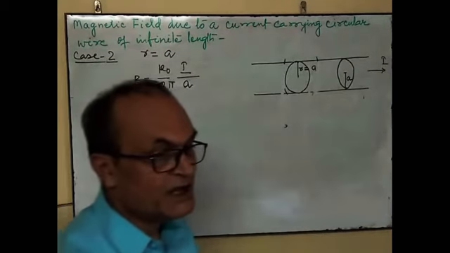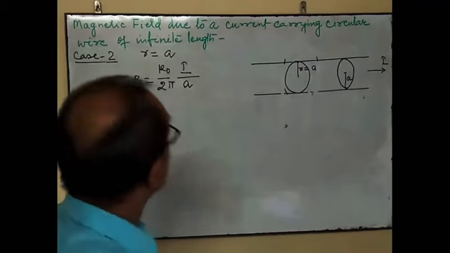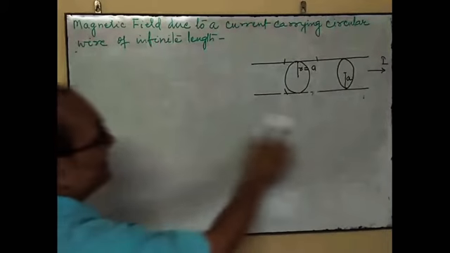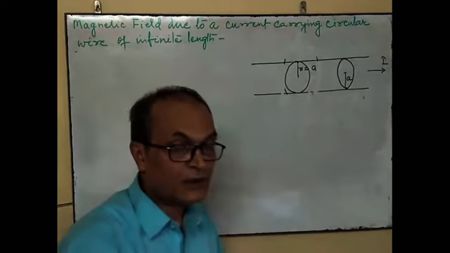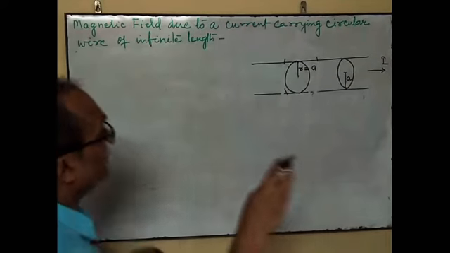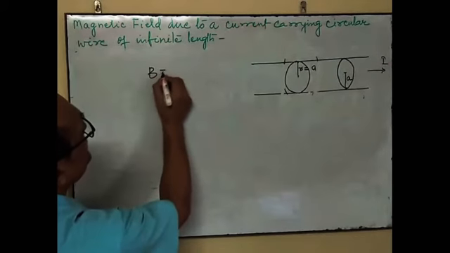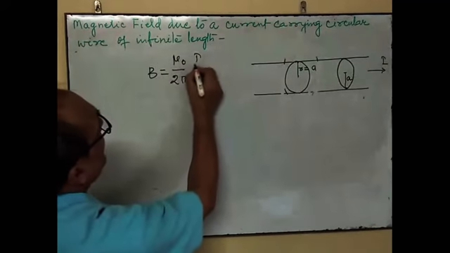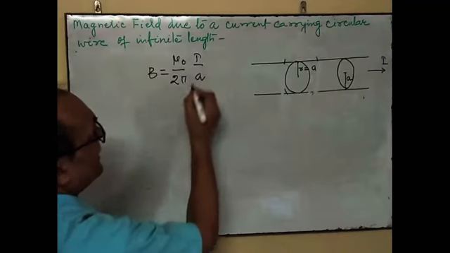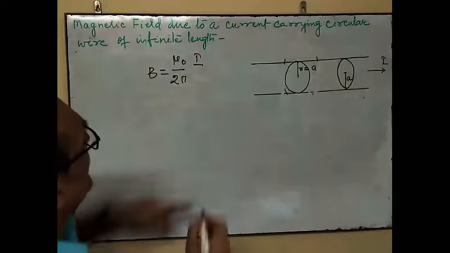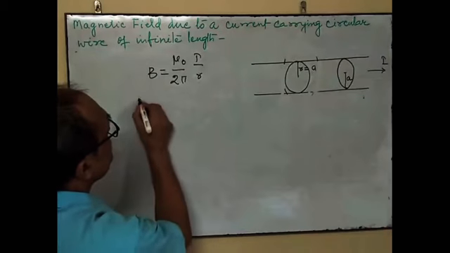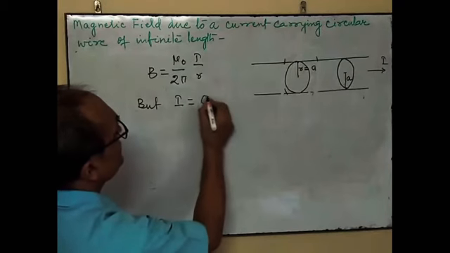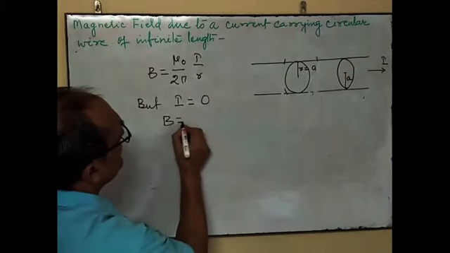So here the value of the current inside the wire is 0. We know B equals mu naught by 2 pi, I by r. But the value of I inside is 0, so the magnetic field will be 0.